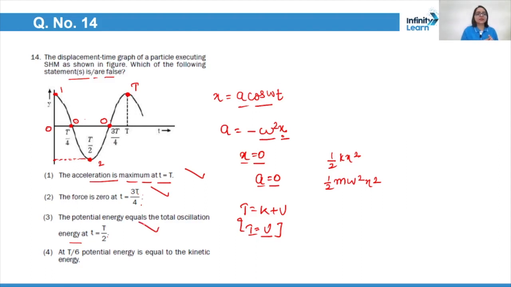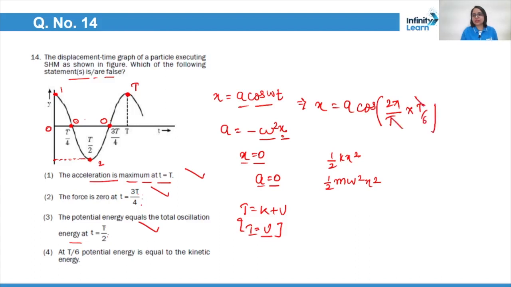Next is at t equals capital T by 6, potential energy is equal to kinetic energy. So let's find what is the value of x at t equals T by 6. So it is x equals a cos. You can write ω as 2π by T into T by 6.